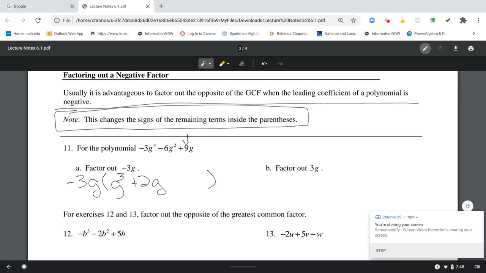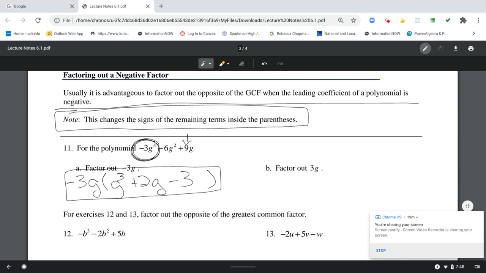A +9 divided by that -3 out in front gives me -3. And when I subtract my exponents, my g's go away because 1 minus 1 is 0. So I have a negative common factor, and I only do that if my leading term is negative. And then everything that goes back in the parentheses has the opposite sign of what it originally was.